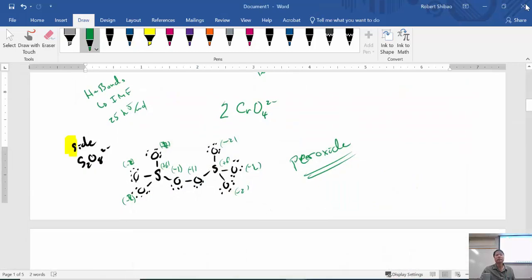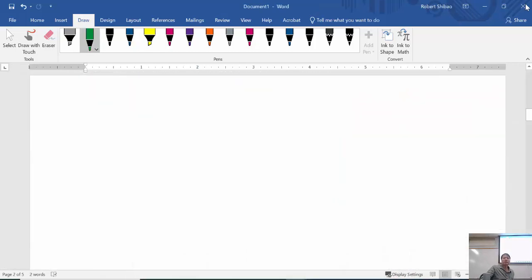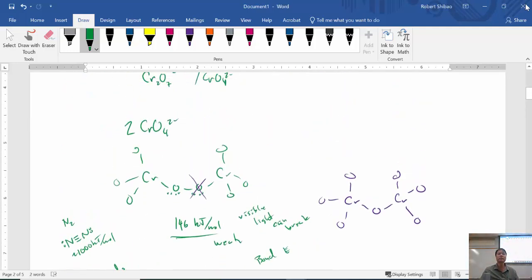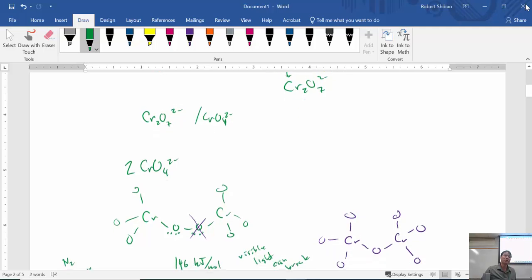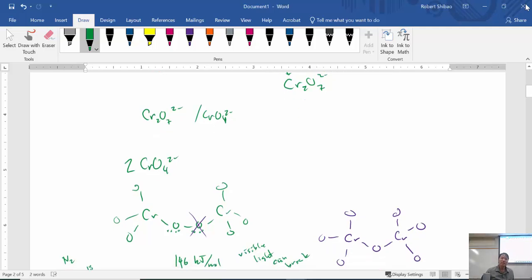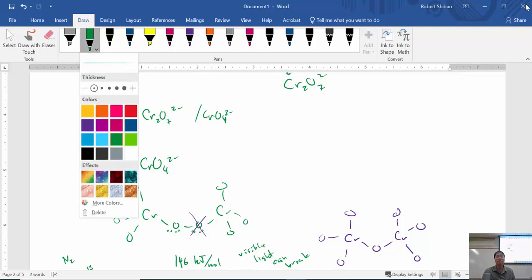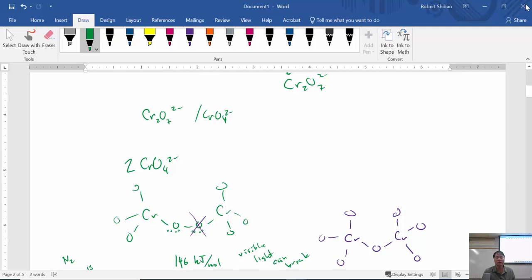All right, so in the synthesis we're going to be using chromate or dichromate. It doesn't really matter because these two interchange. Chromate and dichromate are kind of the same thing. If I have two chromates, I want to get rid of one oxygen because I have 8 oxygens total now.